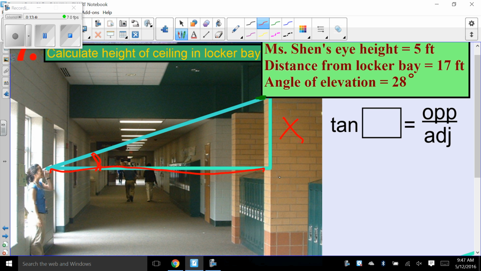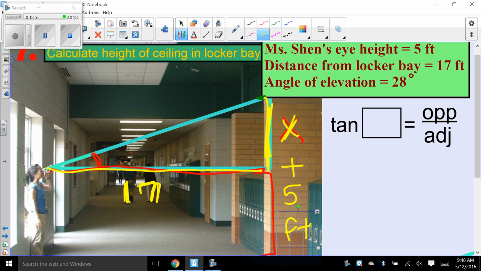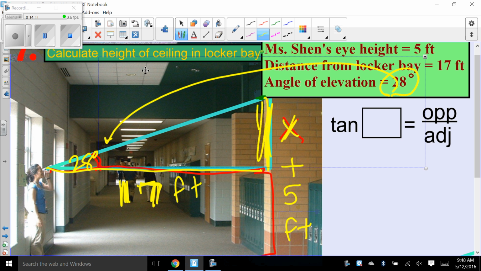We don't know the height, but we're going to add the 5 feet as we've been doing. It's easy to calculate the distance. It says she is 17 feet away, and the angle of elevation is 28 degrees. So our job is to figure out the height of the locker bay without actually climbing it.